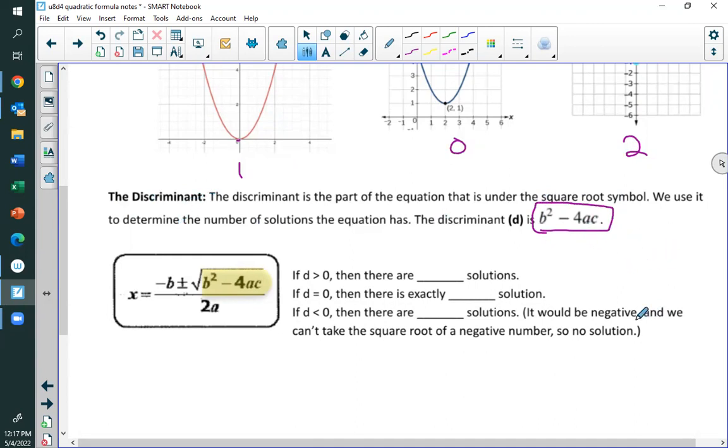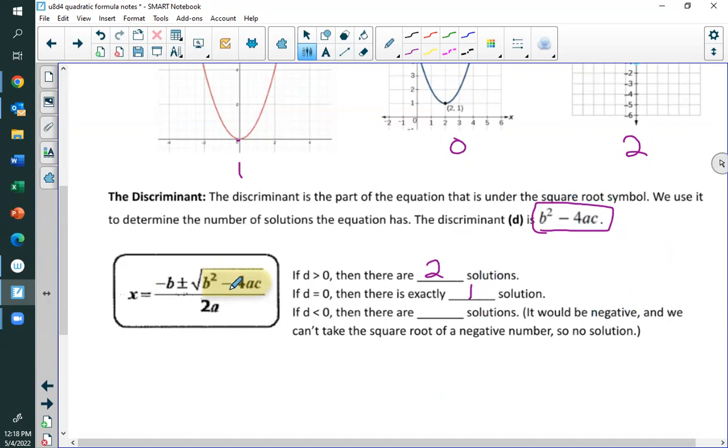We are discriminating though about whether we're going to have 0 solutions, 1 solution, or 2 solutions. If your discriminant is greater than 0, you're going to have 2 solutions. If your discriminant equals 0, there is exactly 1 solution.